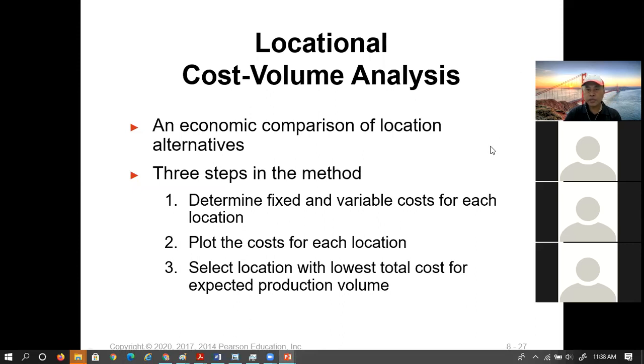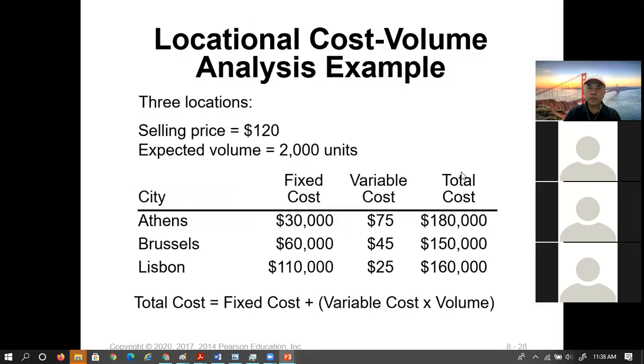Let's see the example here. For example, we want to sell a certain product. The selling price is $120, and the expected volume is 2,000 units. There are three cities that we are going to analyze here: Athens, Brussels, and Lisbon. In Athens, the fixed cost is 30,000.